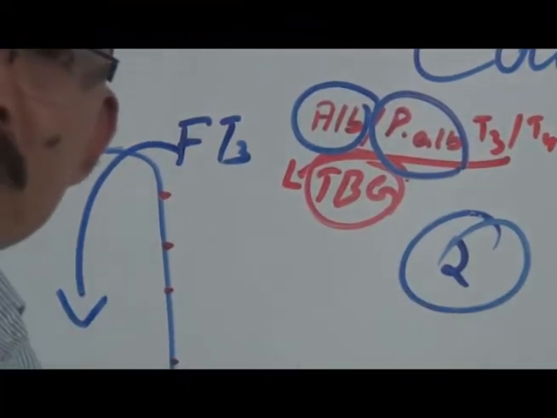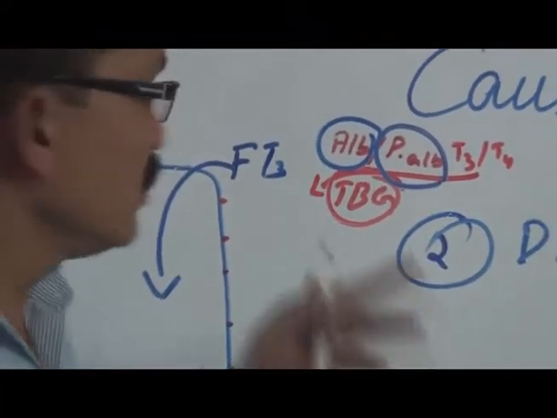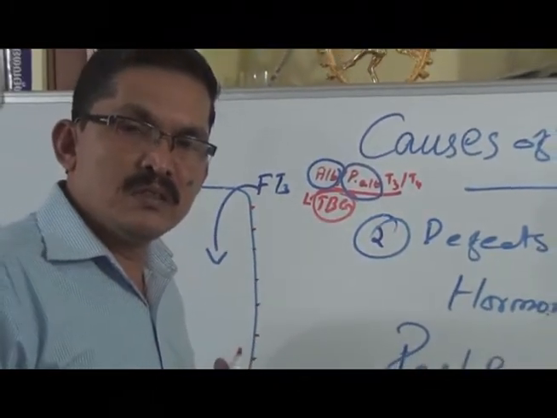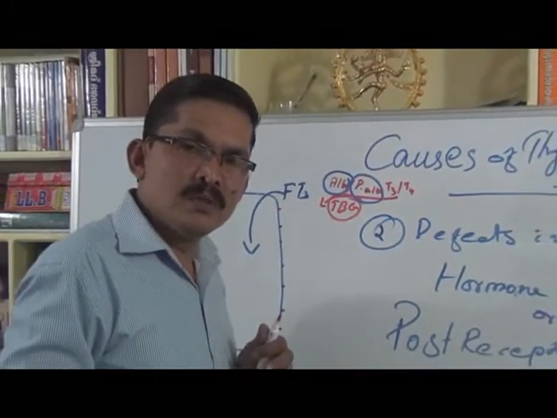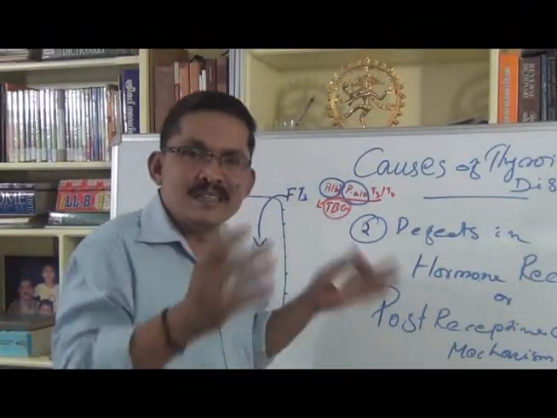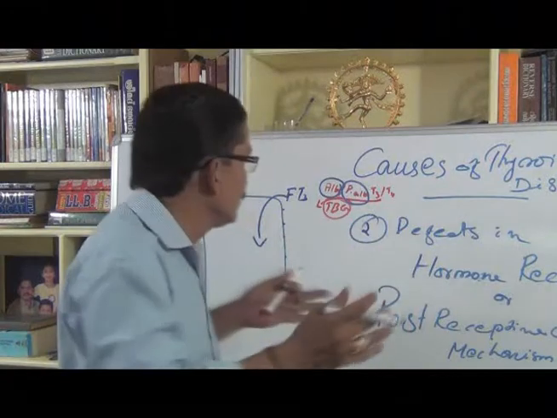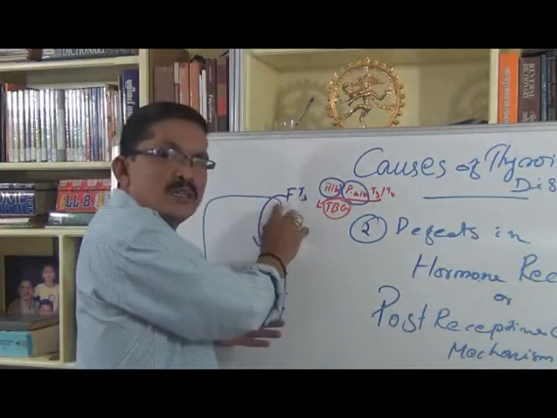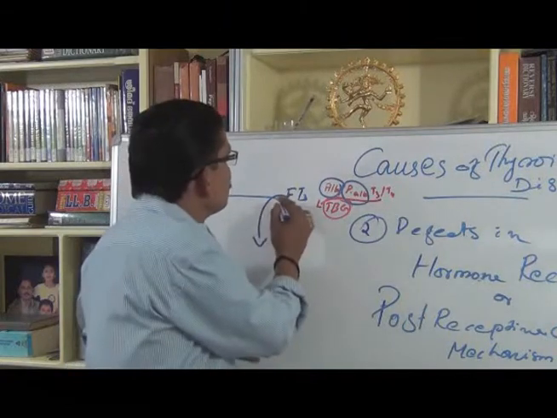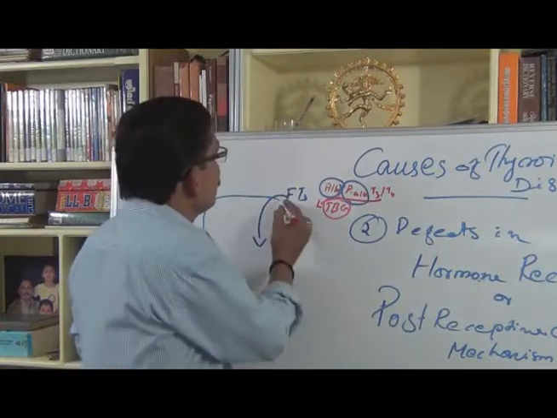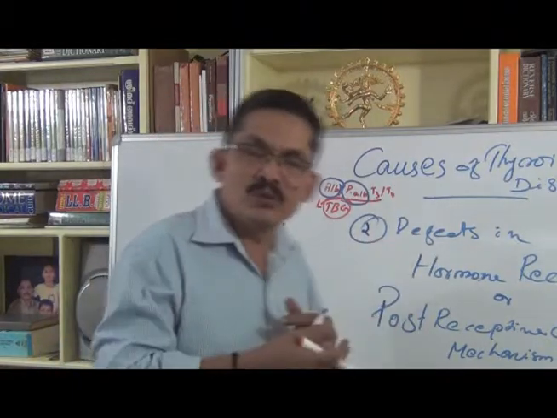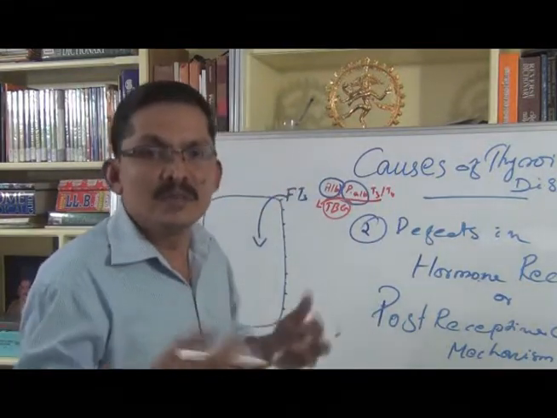But due to some immunological problem, there may be excess of the thyroid binding globulin, or the thyroid binding globulin may not get detached even after the thyroid hormone gets attached with the cell membrane or the receptors. So even though our patient may have a sufficient amount of hormones, it becomes useless.